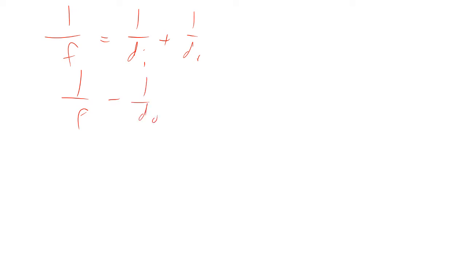So 1 over f equals 1 over di plus 1 over do. So 1 over f minus 1 over do equals 1 over di. So di equals (1 over f minus 1 over do) to the minus 1.